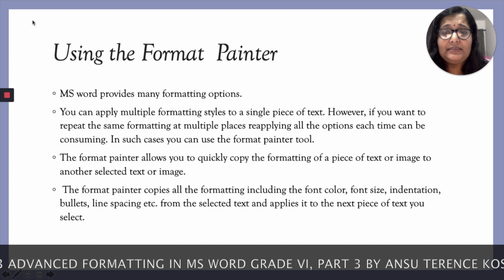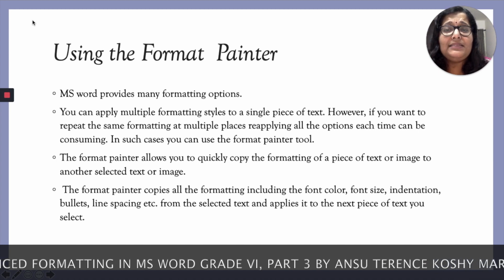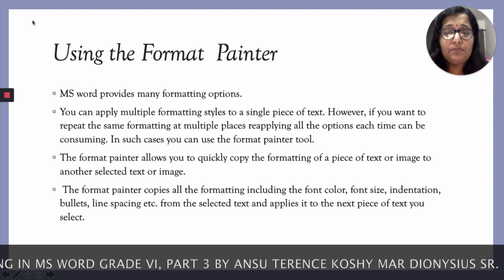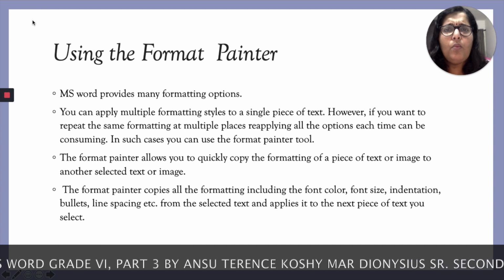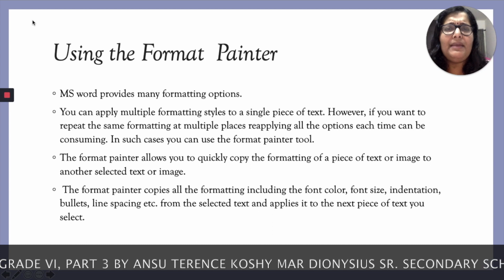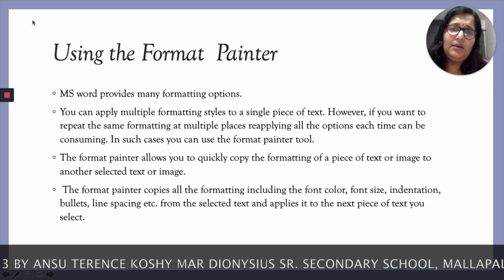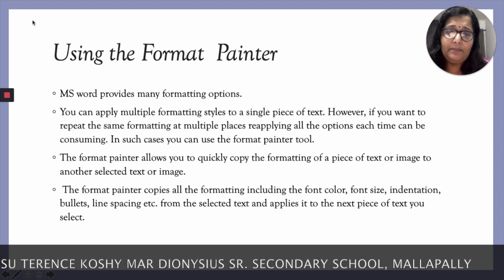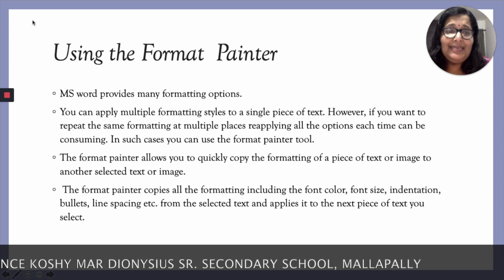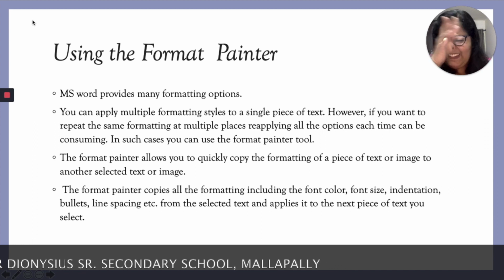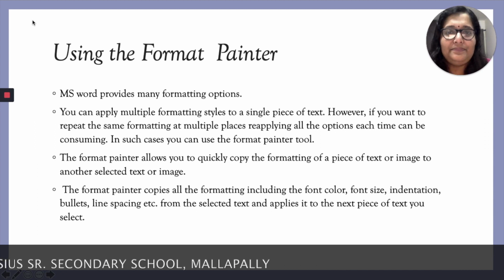The Format Painter copies all the formatting, including the font color, font size, indentations, bullets, line spacing, etc. Whatever you have done as formatting in your document can be copied from the source to the different places that you require and applied to the next piece of text you select. Wherever you need to apply, it will apply the same formatting.